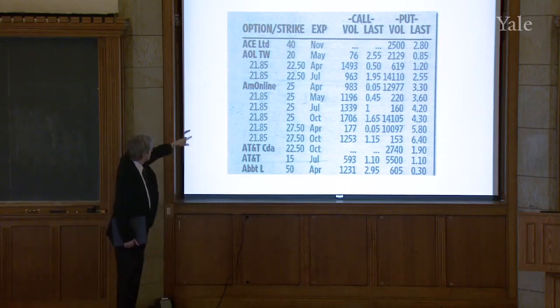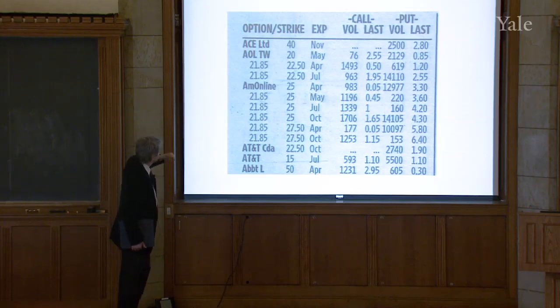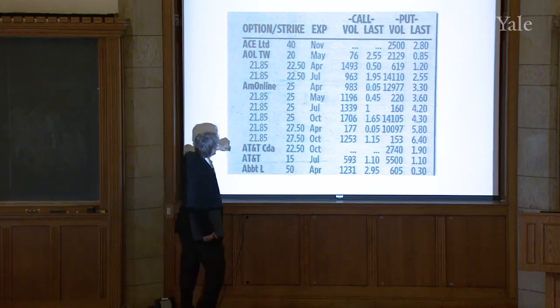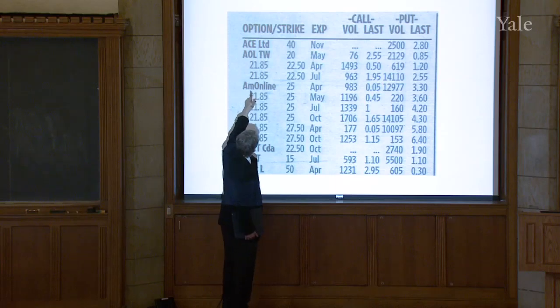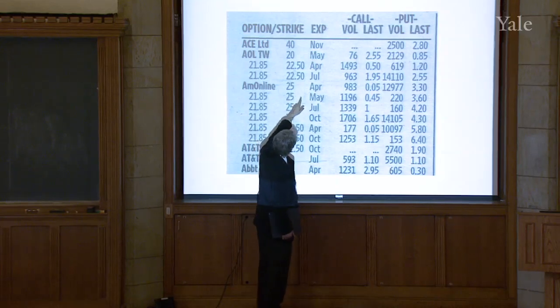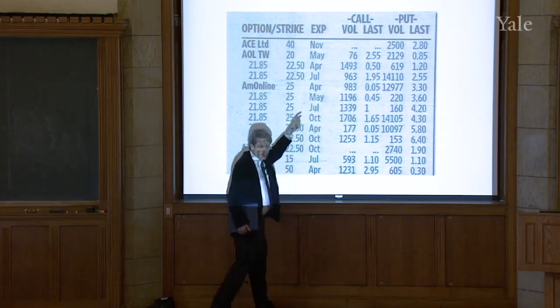So you can take any of these rows, and it shows you for various strike prices what the options prices are. So let's go to the top row. A strike price of 20, expiring in May of 2002, which is like 1 month into the future.